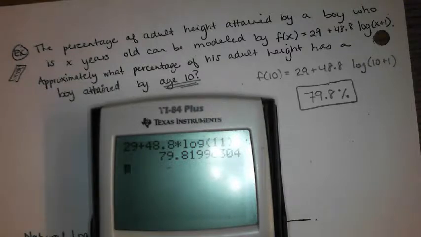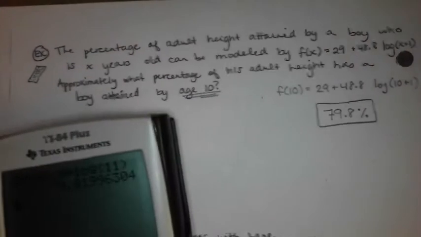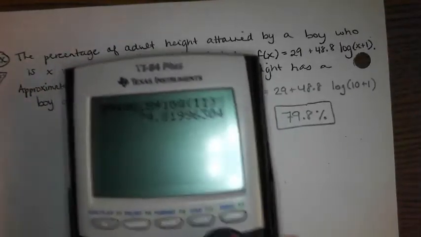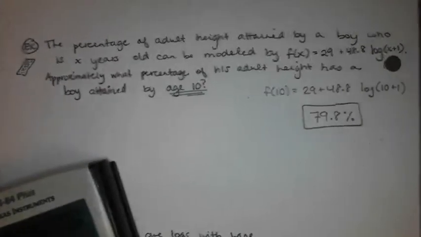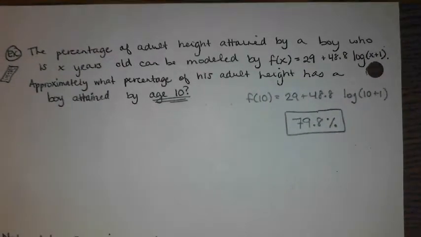Now I'm curious. How old are you all? 16. So let's think about what your full-grown height would be if this model were correct. Won't that be fun? So take a minute, using this model, figure out what your full-grown height will be for you based on your current age.